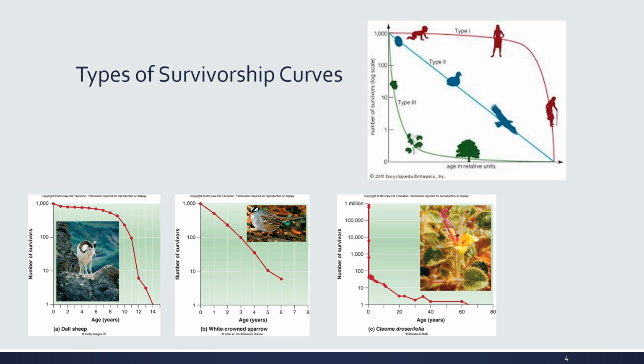Let's say a rainstorm blows them out of the tree, and then over time their population just dwindles slowly. Not as slowly, of course, as type 1, but there's an equal chance of dying as an egg as an individual from basically youth to middle age, and then a certain amount of elderly die.